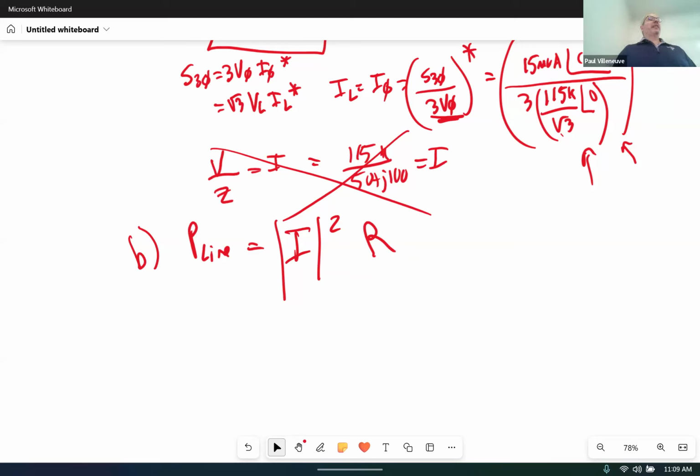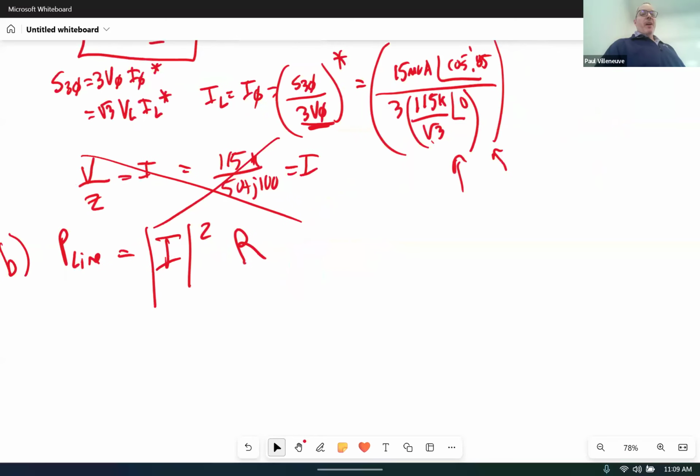So take the magnitude of I you just calculated, magnitude only, multiply it by the resistance of the line, not the impedance, but the resistance. And you got your answer. Right? But this is P line per phase.